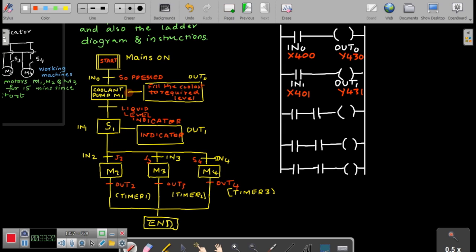So this is Y431, this is also Y431, this is also Y431, and these are your IN2, IN3 and IN4.